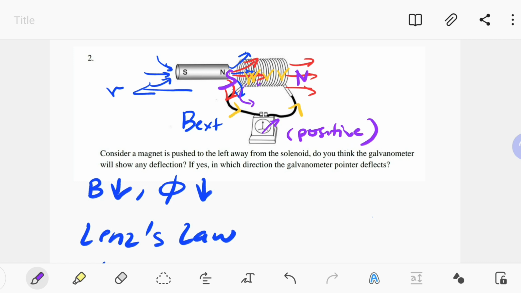This also applies to Lenz's law, because the induced current flows in such a direction as to produce an S-pole to attract back the magnetic N pole. So the attraction will involve positivity. Therefore, the galvanometer pointer deflects to the right, or positive.